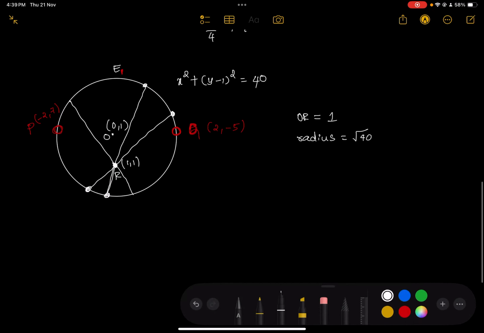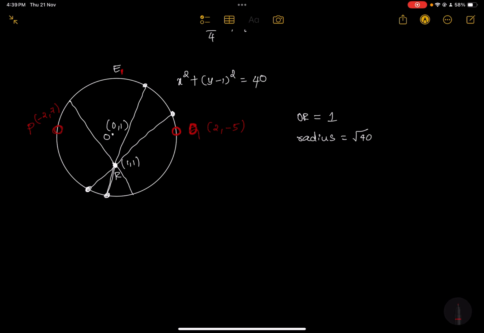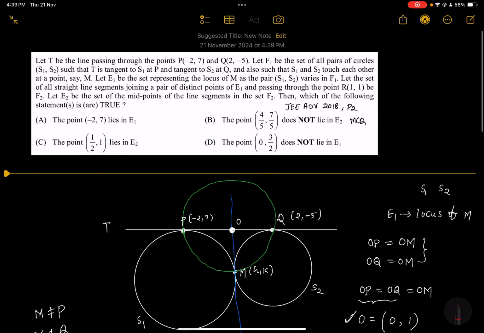But this line segment will not be there in F2 because Q is not there in E1. Similarly, this line segment will not be there in F2 because P is not there in E1.